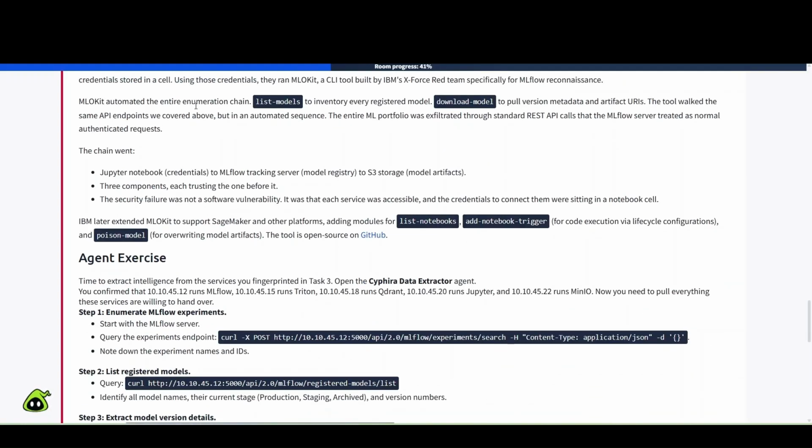MLOKit automated the entire enumeration chain: list-models to inventory every registered model, download-model to pull version metadata and artifact URIs. The tool walked the same API endpoints we covered above, but in an automated sequence. The entire ML portfolio was exfiltrated through standard REST API calls that the MLflow server treated as normal authenticated requests. Interesting.